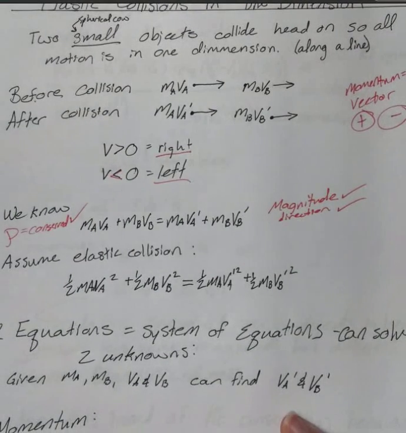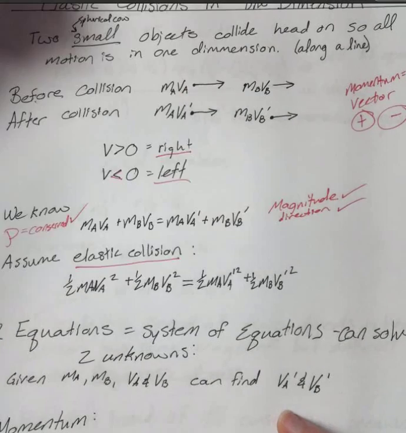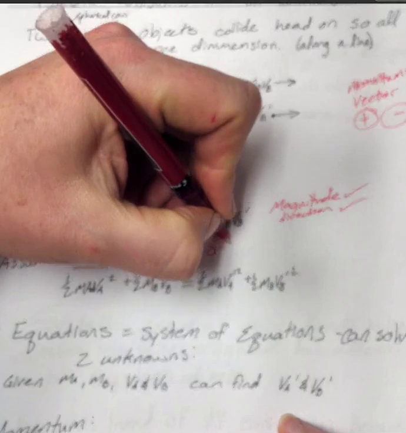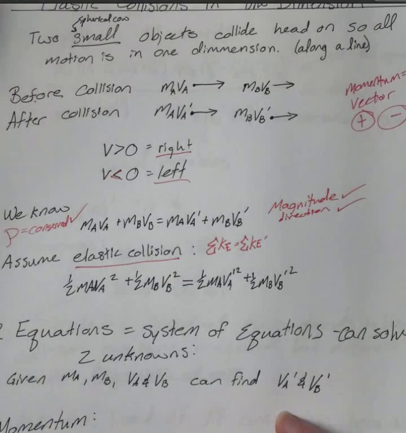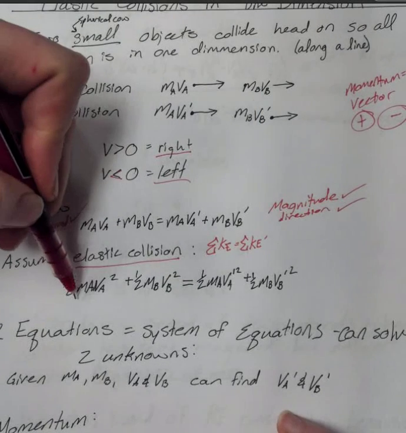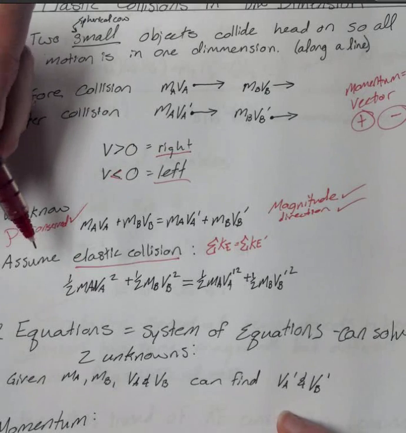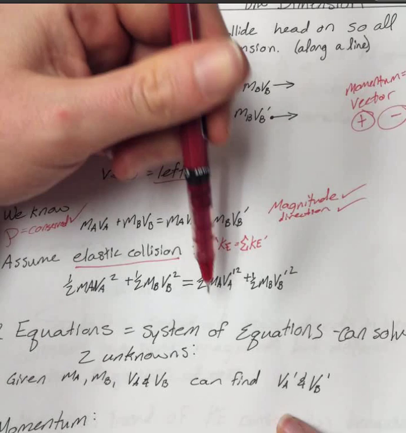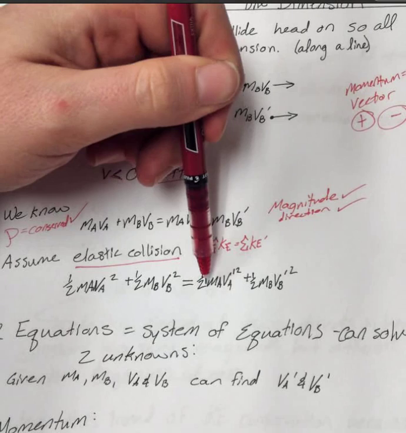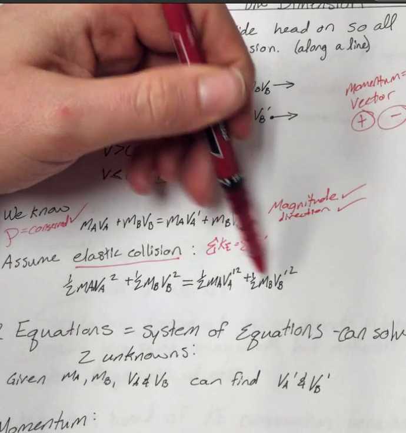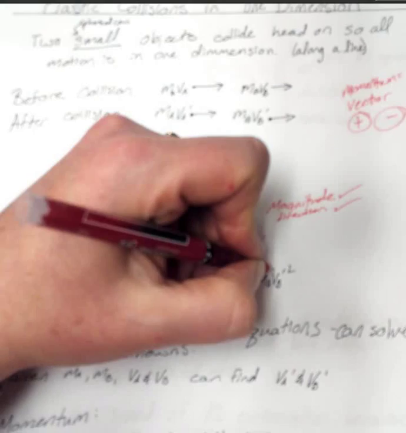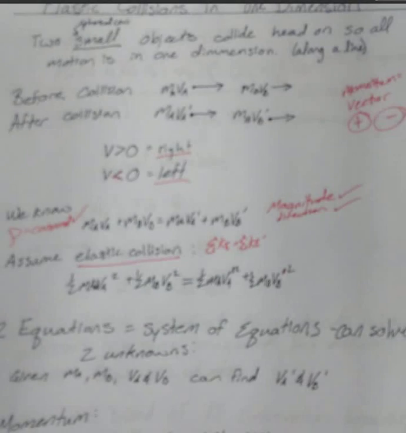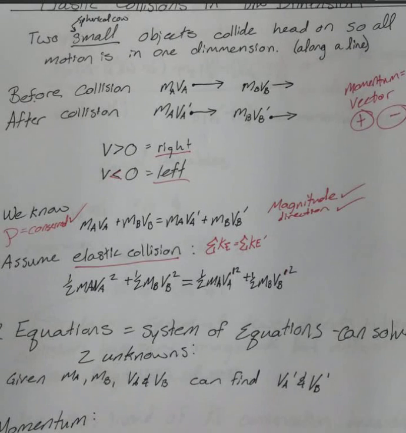And that's really important that we remember that both magnitude and direction are conserved quantities. We're going to assume in this situation that we have an elastic collision, which means that we're saying that the kinetic energy is conserved also throughout that collision, which means that the total of the kinetic energy of object A and B before the collision is conserved to the total sum of the kinetic energy for object A and B after the collision, where the individual kinetic energies may be different because the velocities are different, but the sum total is a conserved quantity.